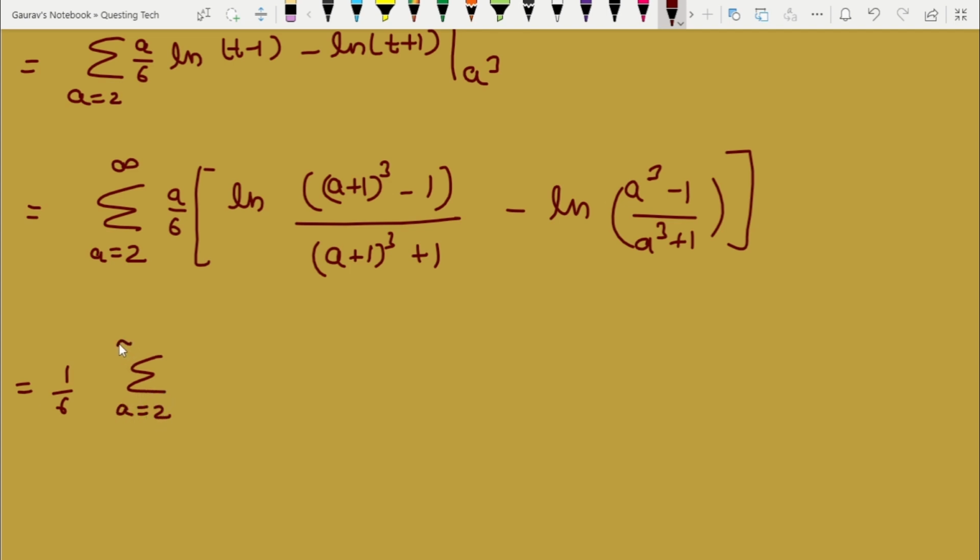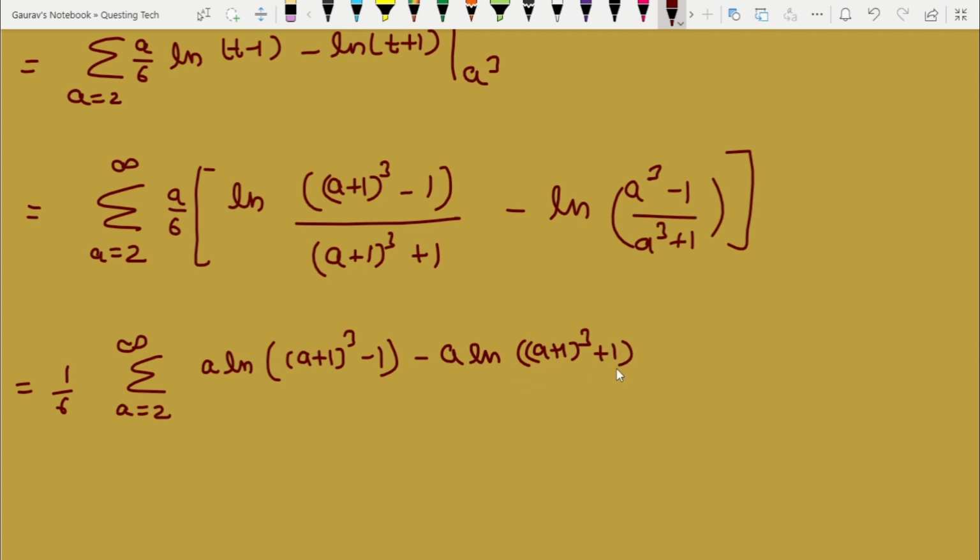Summation a equals 2 to infinity of a multiplied by ln of (a plus 1) cube minus 1, minus a ln of (a plus 1) cube plus 1.